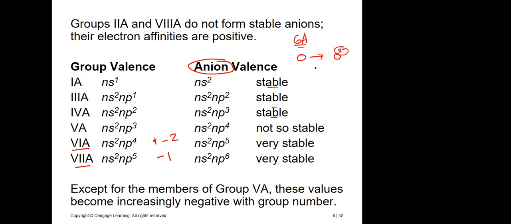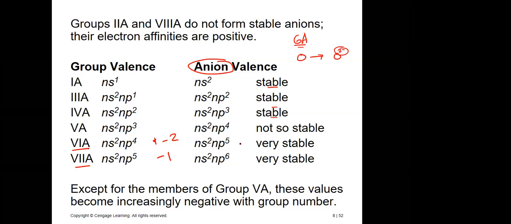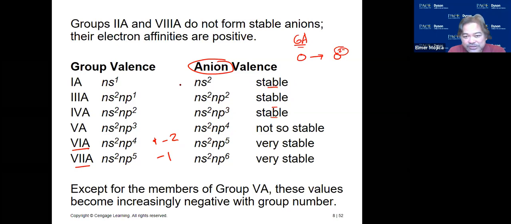I'm talking about the numbers, like the ns2 np4. So this is the way that when you put an electron to them, these are all just +1 electron that you have, that you form there. But you could see the more stable one is if you add 2 electrons.